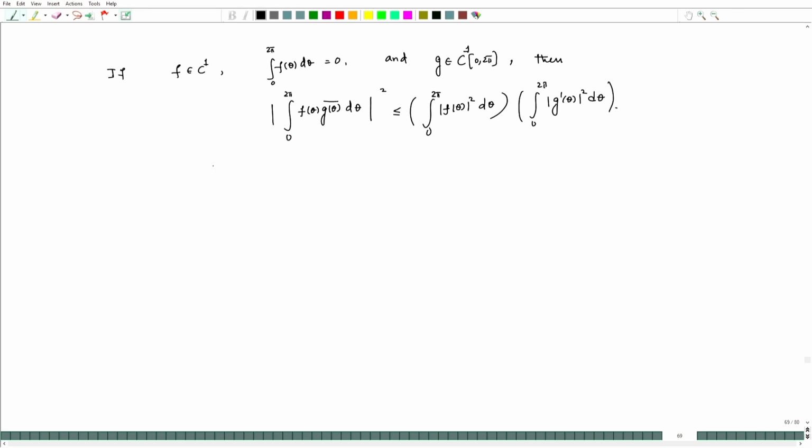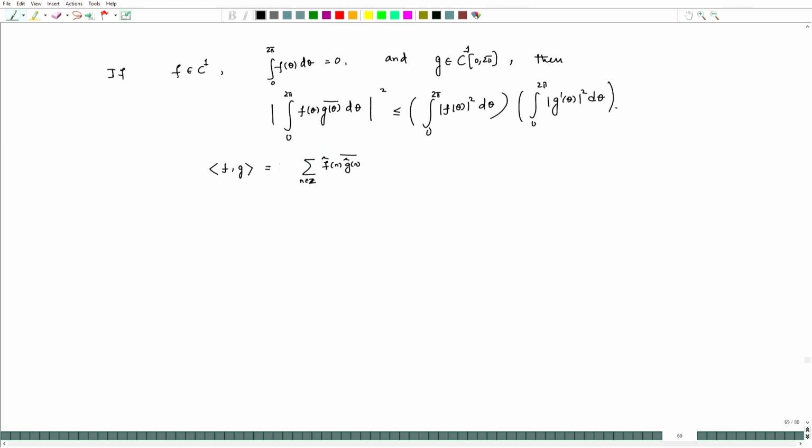So, what we can get is that this side is nothing but the inner product of f and g. Now, by our polarization identity, what we have proved is that this is equal to 2 pi times the sum over n in Z of f hat of n g hat of n bar.